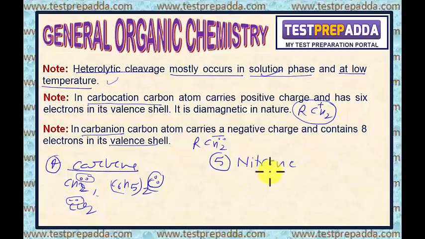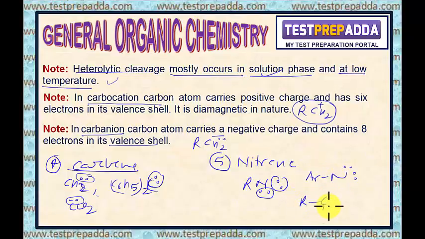While nitrene is neutral monovalent species of nitrogen, RN. Here, two pairs of non-bonding electrons. This is the example of alkyl nitrene. I can write similarly aryl nitrene.